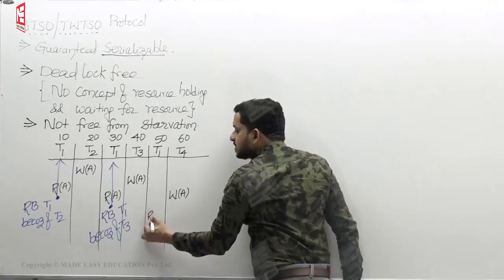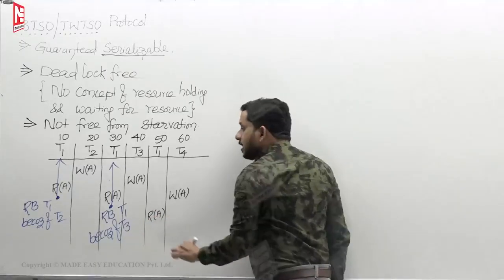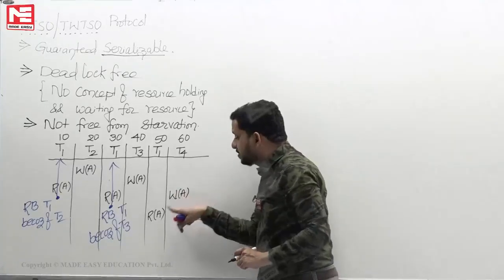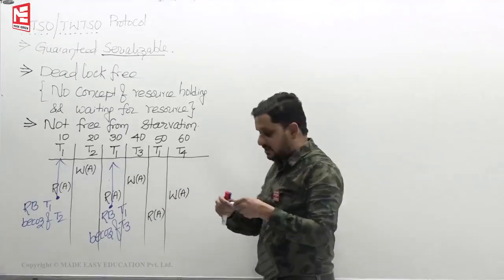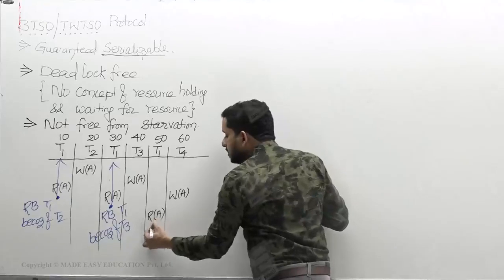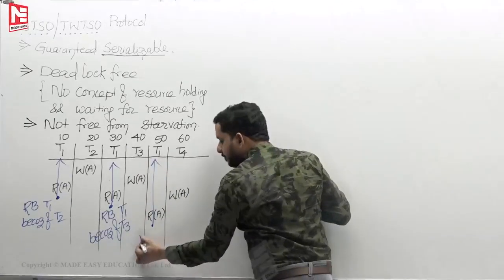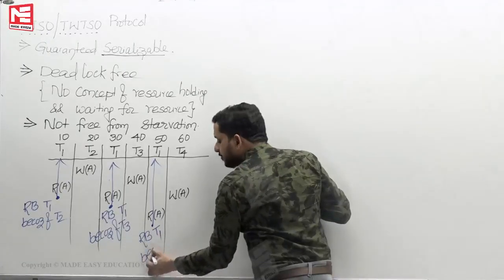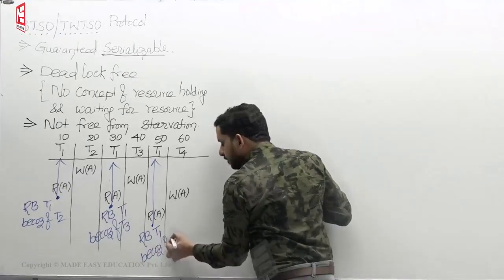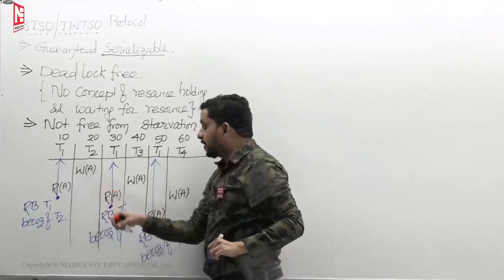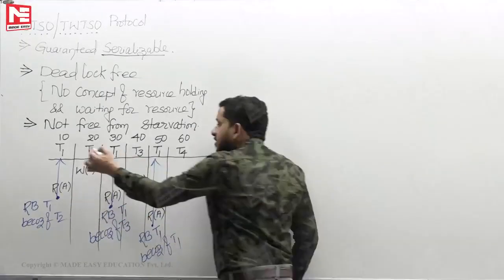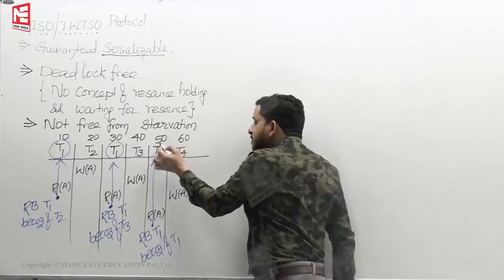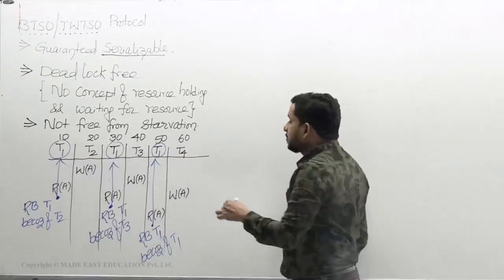Then T1 requests a read of A. Again, because a younger transaction already did the write, the older transaction's read request is not allowed, and for the third time T1 is rolled back, now because of T4. So T1 is rolled back once because of T2, again because of T3, and again because of T4.